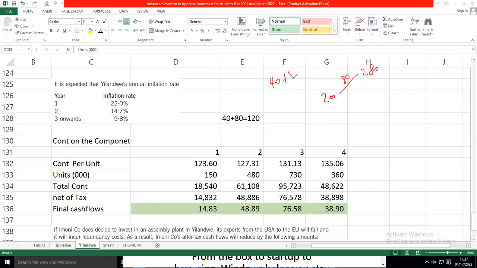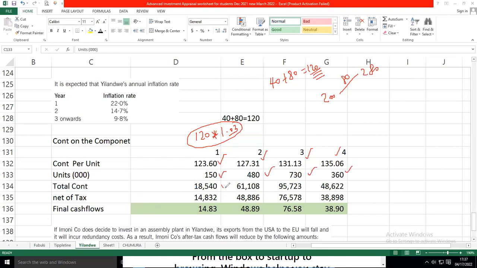This is the 80 that we are putting here. And then that 120, you increase it. So these are the figures that you have here. Then you multiply by the units.